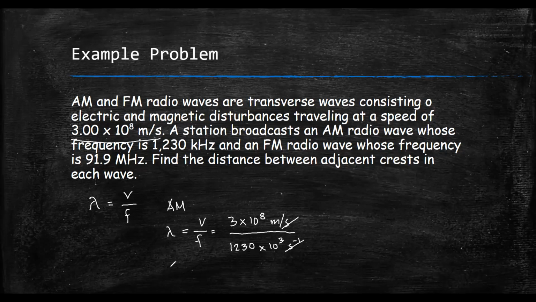Therefore, the wavelength for the AM wave is equal to 244 meters.